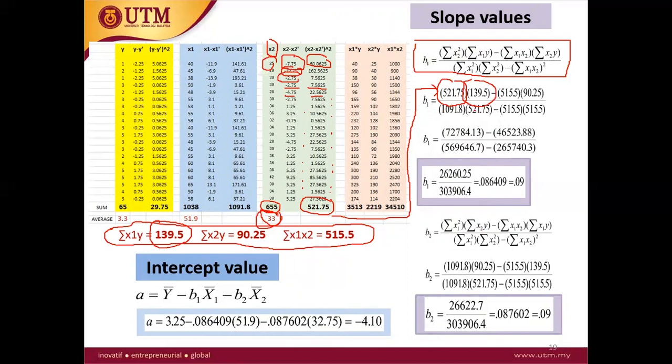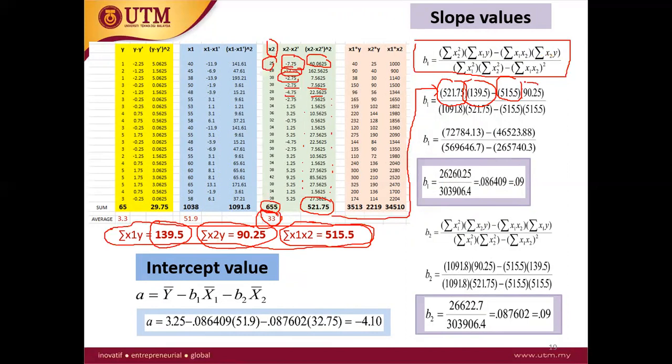The sum of x1, x2 is 515.5, times 90.25, which is the sum of x2y.